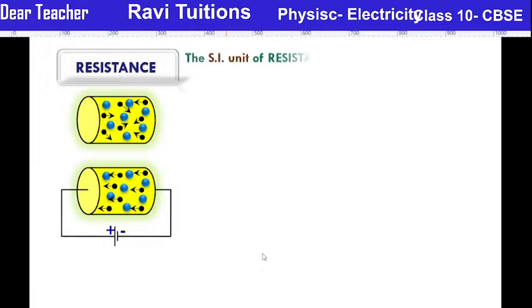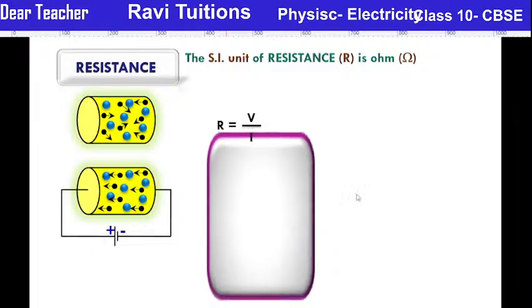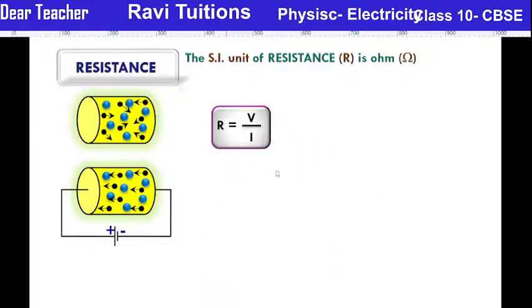Then, the SI unit. What is the unit of resistance? R is equal to V by I. Okay, resistance is equal to V by I. We already know the units of V, potential difference, and of I also.